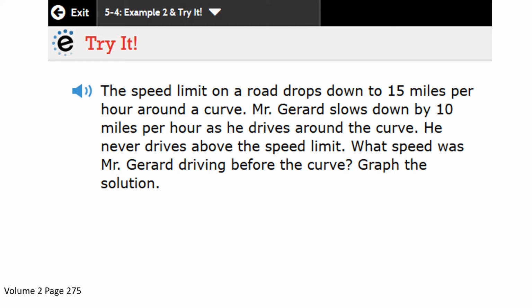Graph the solution. So you're going to pause this video in your textbook or on another piece of paper. Try and write the inequality and graph the solution, and then I will post the answers to the try it problems in another video. So try this by yourself, and as soon as you think you got it, click play, and we're going to go to the next problem.